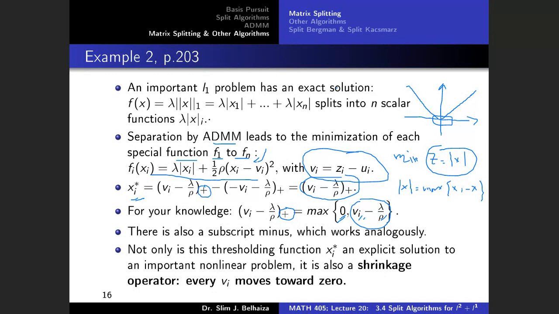So in fact, the absolute value is the solution to which problem? Where you're trying to minimize z, with the conditions that z is larger than x and larger also at the same time than minus x. Okay?